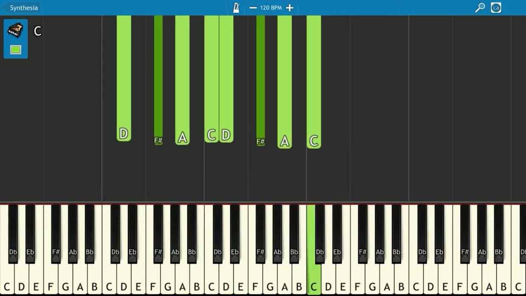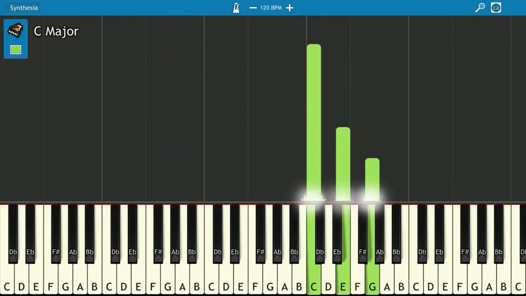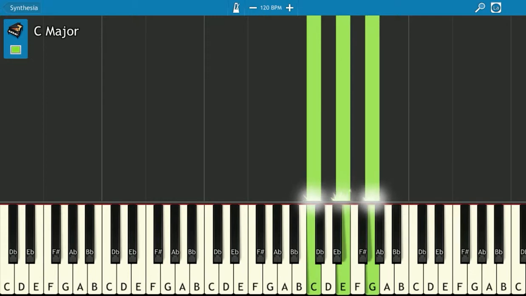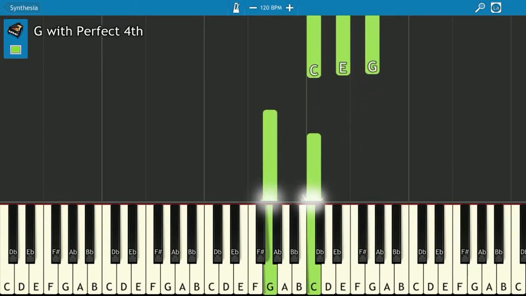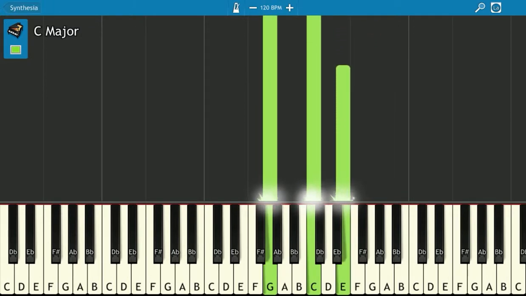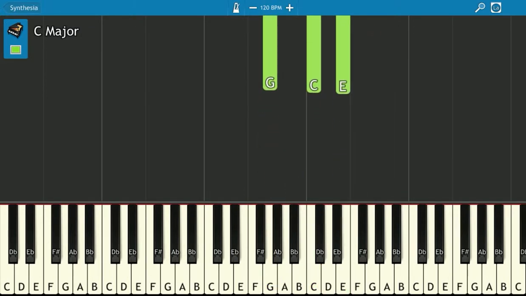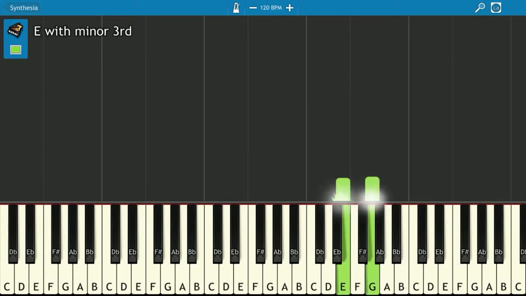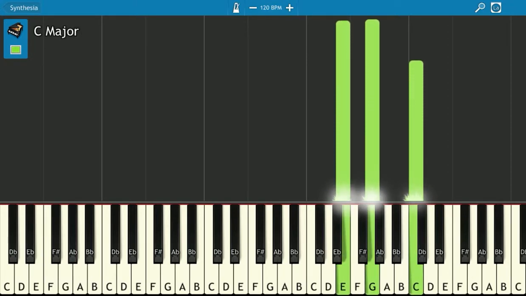And just a quick side note, just like I explained to you guys that C major is composed of C, E, and G, so you can do G, C, and E. Well, you can also do them like this, where it's E, G, C, so you can just reorder them however you want. The idea is just to have the same notes being pressed, and that's how you get the chord.